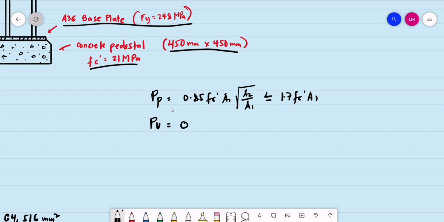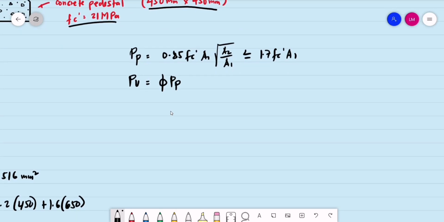That is, if we are to apply a reduction factor to our nominal capacity, P sub P. So we'll be having P sub U is equal to phi multiplied by 0.85 of Fc prime area 1, the square root of area 2 divided by area 1.